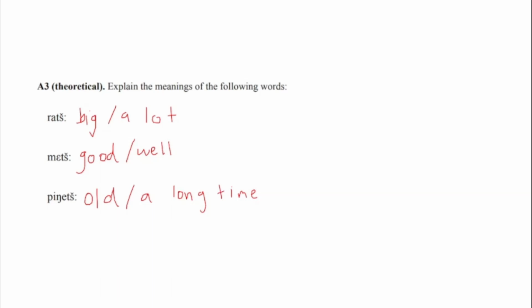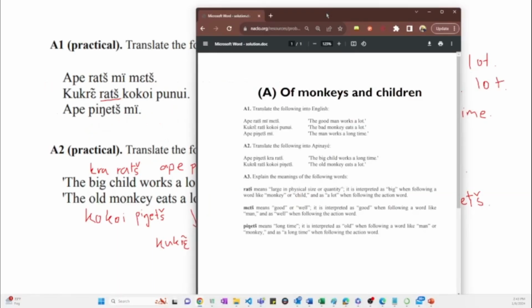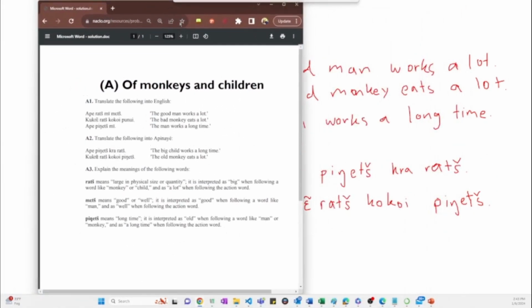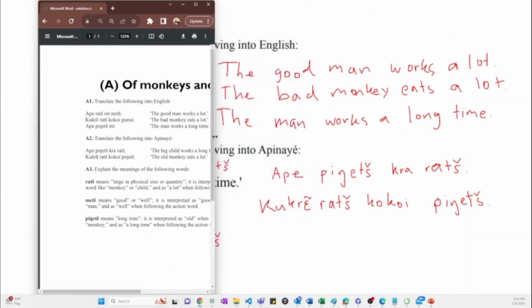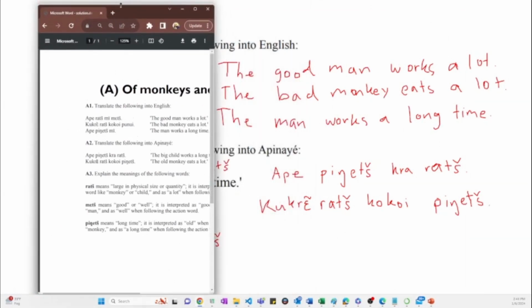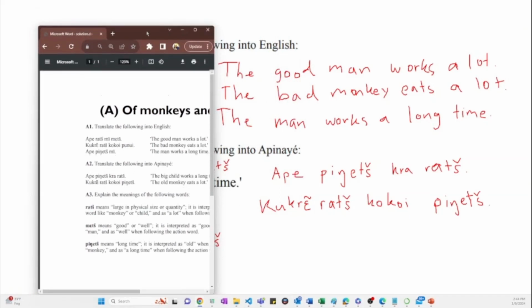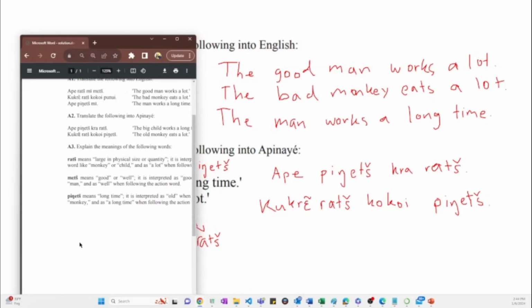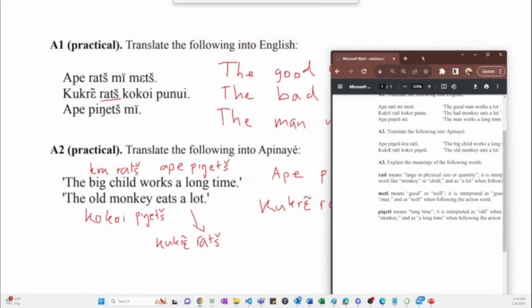Alright, so I've got the answers up and I'm going to drag it over here. We have our first three sentences: the good man works a lot, the bad monkey eats a lot, and the man works a long time, which means we got all three. Oh my gosh. Okay, we got all three of these right. Next, we have translate the following into Apenai.